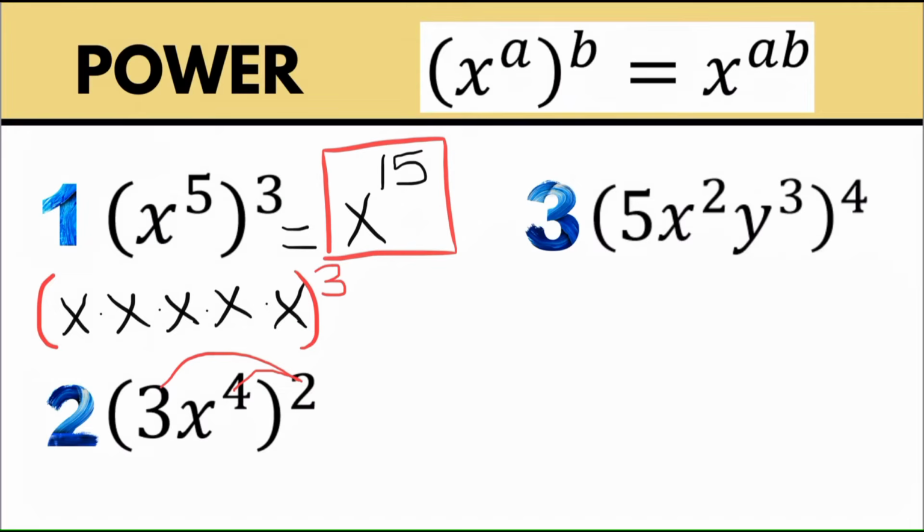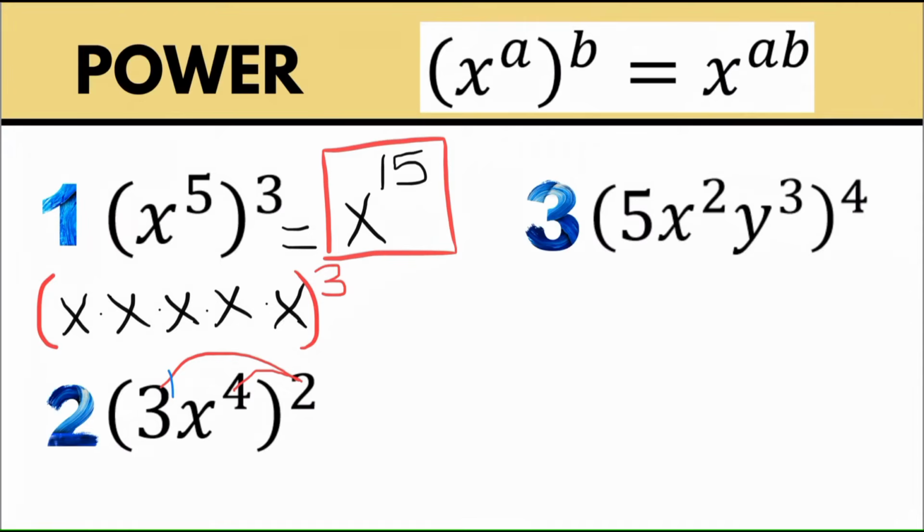So our power rule says we need to multiply the exponent. Well, what's the exponent for 3? It's 1, because 3 to the first power is 3. So I have to multiply 2 times 1 and 2 times 4.